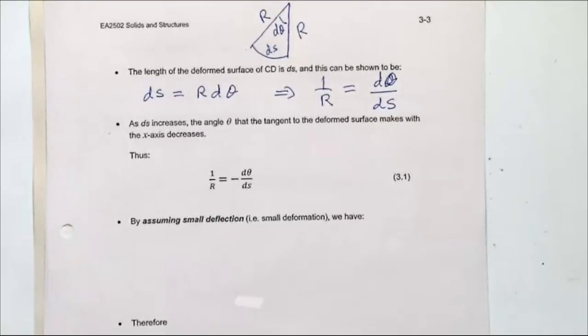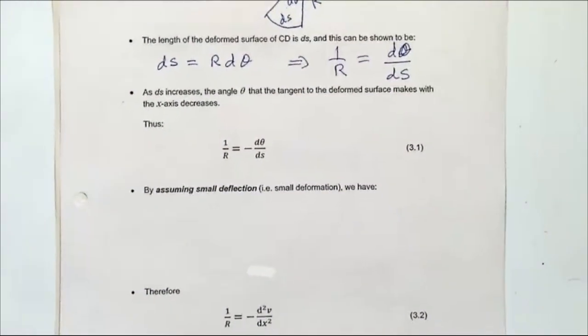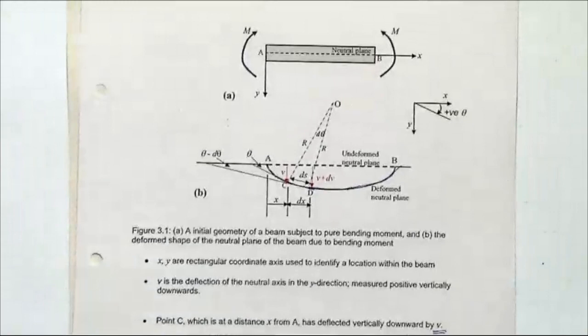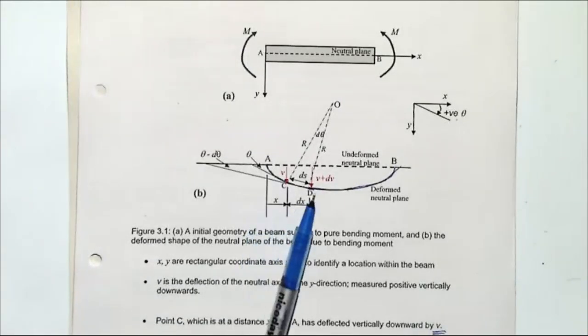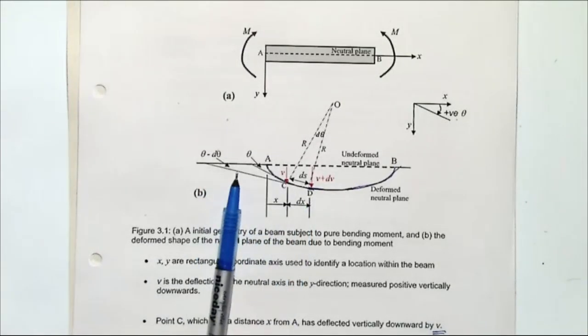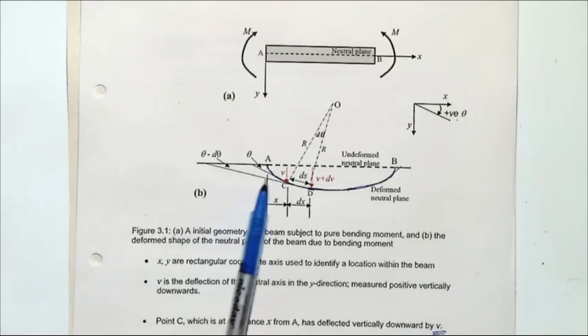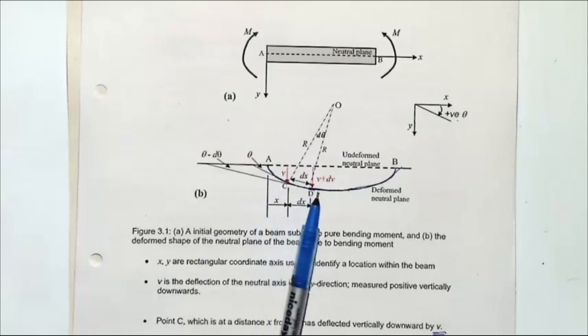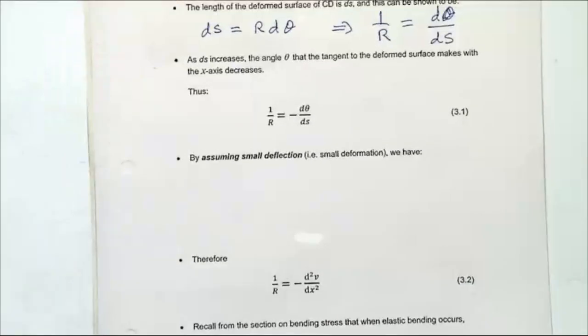But if you look at the diagram which I showed previously, as we move from C to D, that angle continues to decrease. As you increase s, your theta is going down. So if you increase s, you decrease theta.